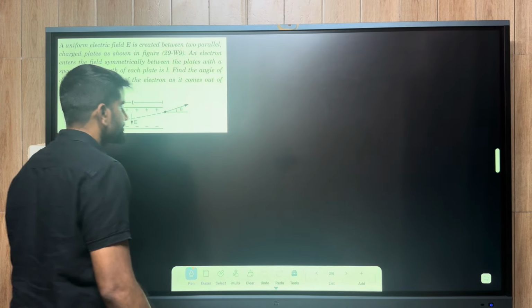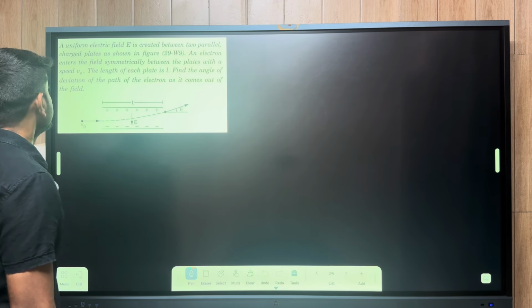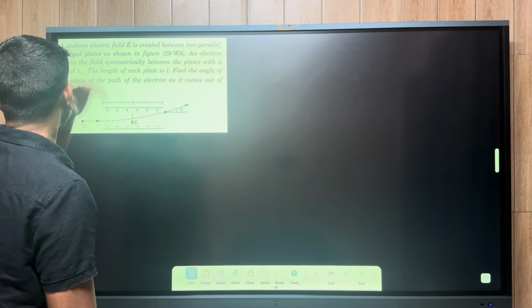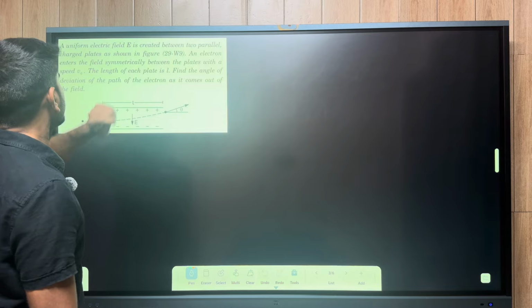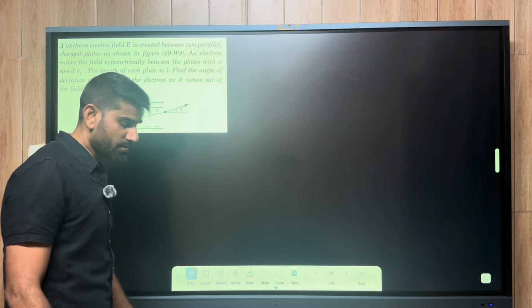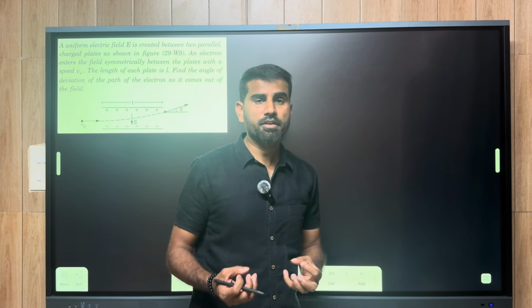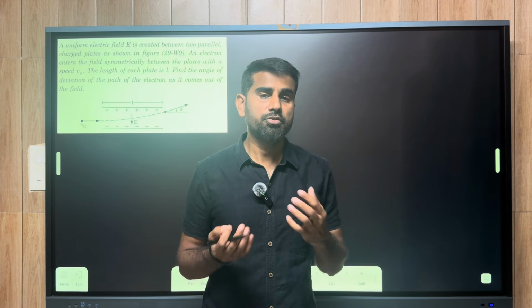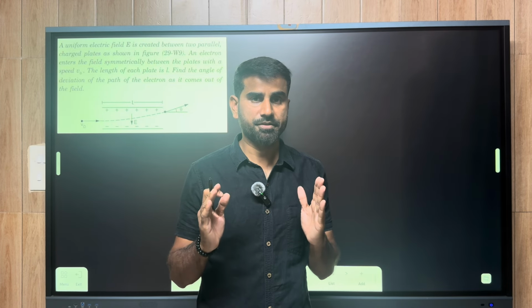So we have the question here. Let's read out the question. A uniform electric field E is created between the two parallel plates. As I've been telling, a uniform electric field can easily be created by using the two parallel plates arrangement.